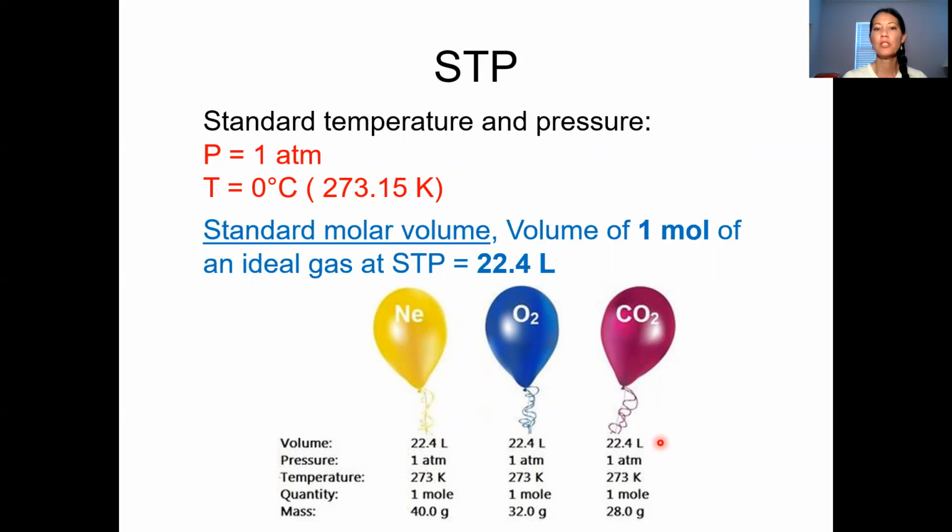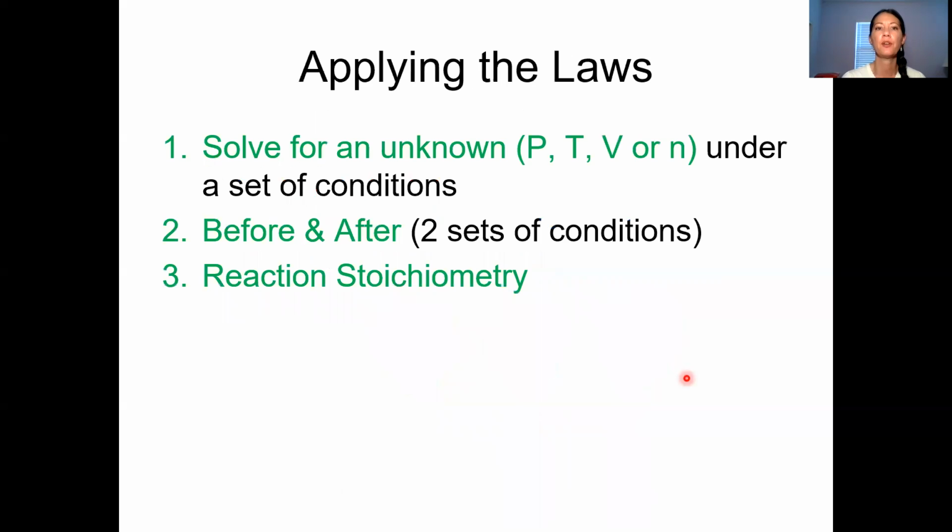That's really interesting because these all have different masses. But if you have 1 mole of each of these, you will get a balloon filled to 22.4 liters at STP. We can use that to our advantage in simplifying problem solving later.